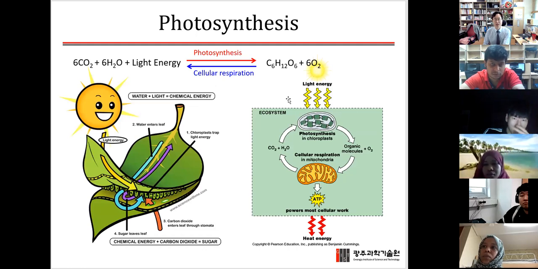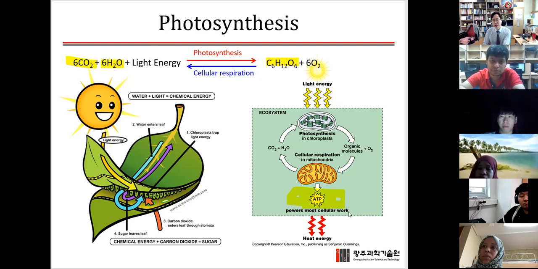Photosynthesis uses the light, carbon dioxide and water to generate glucose. The other way, using the glucose with oxygen, we can have energy, but it's not light for us humans. Instead, we generate ATP, which is the energy source for our body, and carbon dioxide and water.